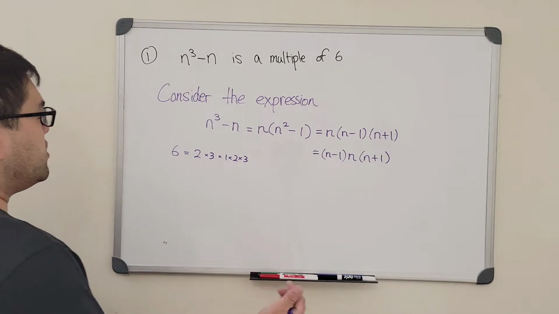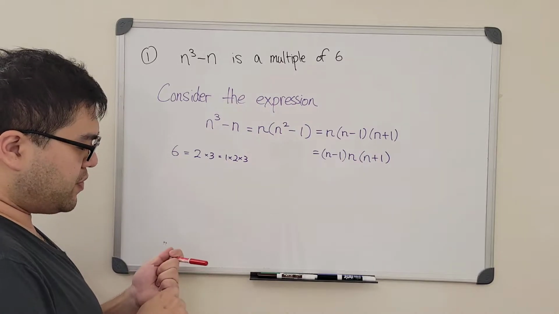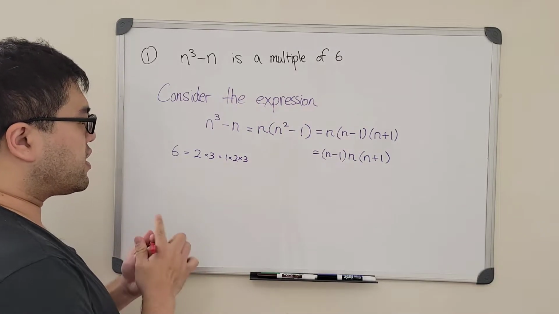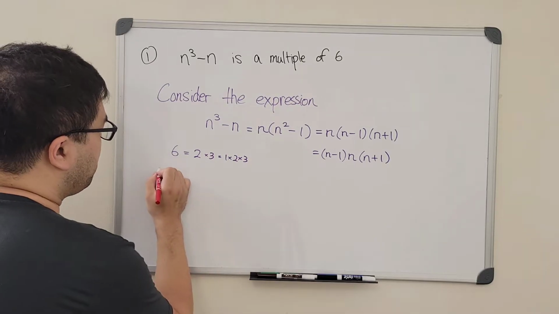How can we do it? Well, let's check. To show that it has to be a multiple of 2, we can consider this case. Well, we can consider it in this way.